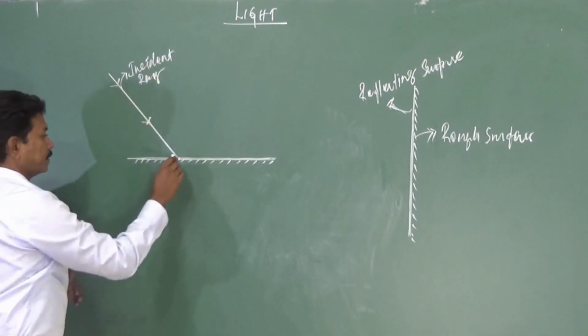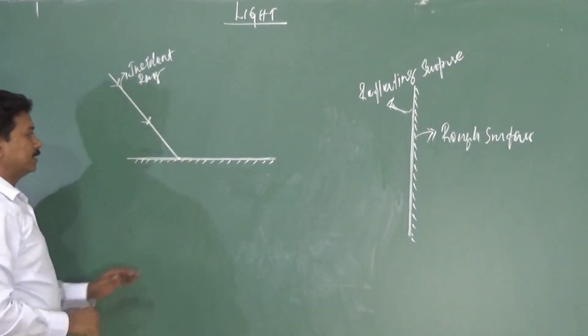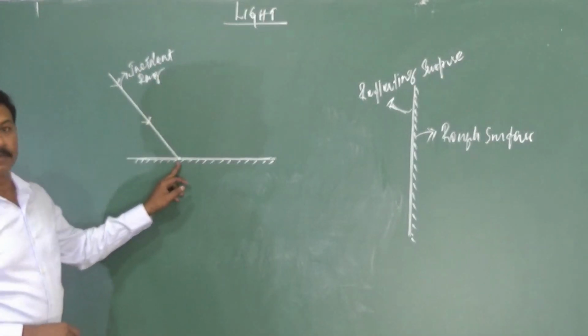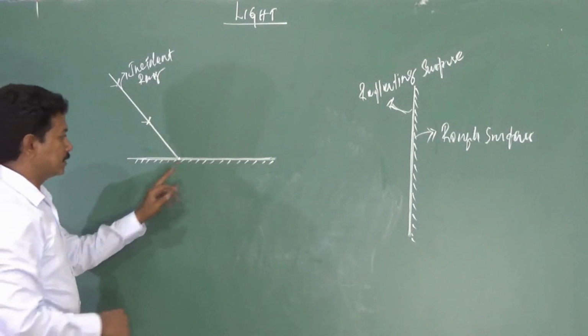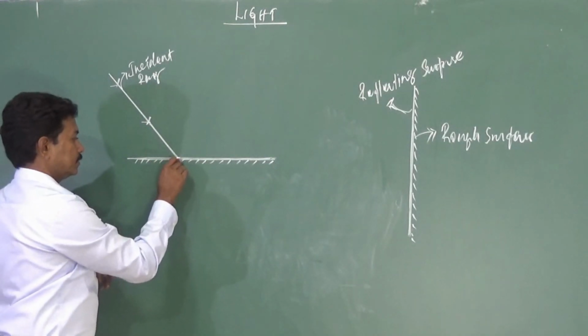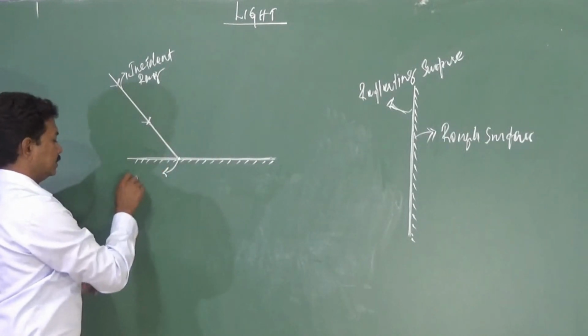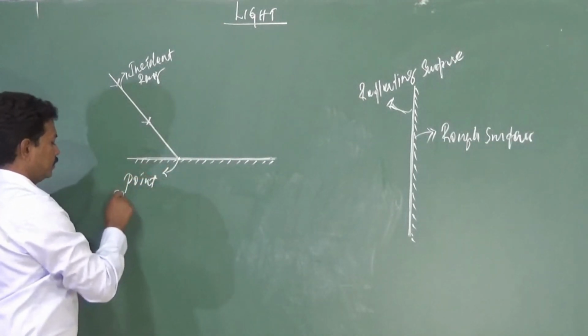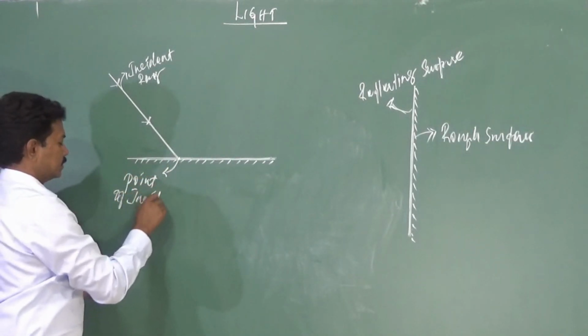Right. Next, the point at which the light ray is going to touch or meet the mirror is called the point of incidence.